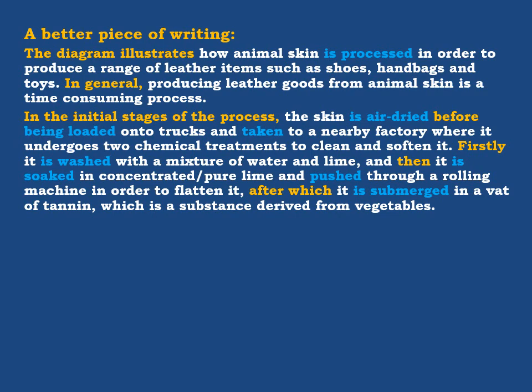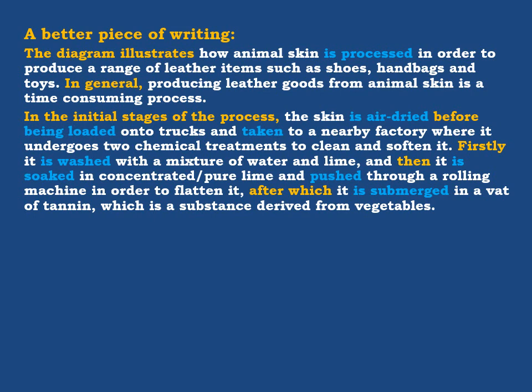So here we use a phrase, then the skin is air dried. There he said dried without air. Okay. But here it is clearer. Why? Because if you look at the diagram, you can see that the leather is hanged on something in the air. So that's why he said is air dried before being loaded.